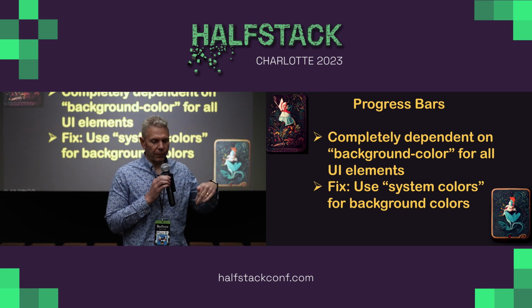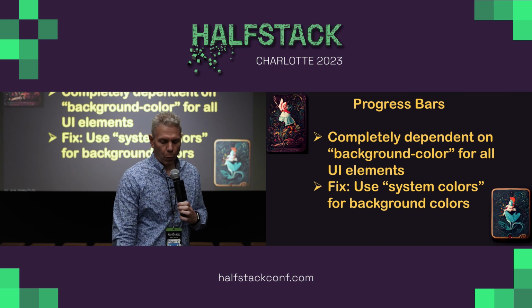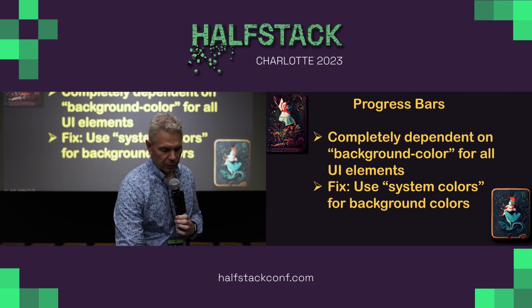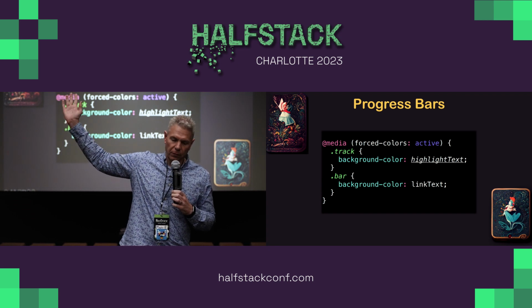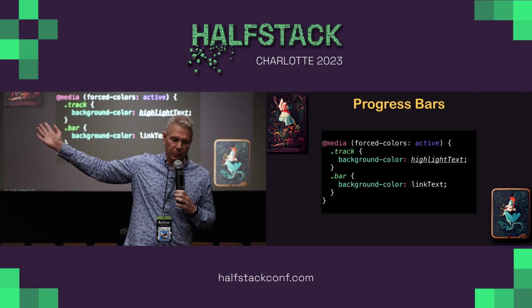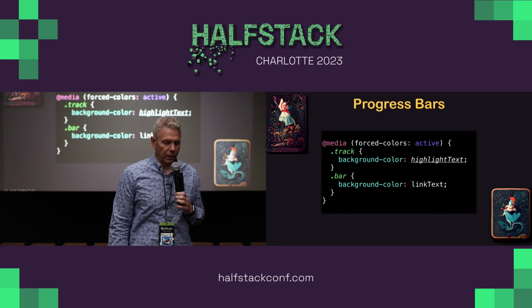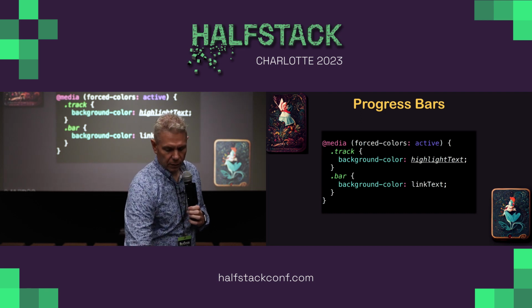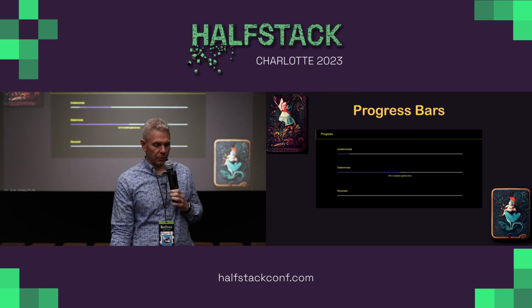So you have to use system colors because your background color is the important bit of information. So to do this, we just looked again for forced colors active, so we know we're in high contrast mode. And then we applied system colors to the track and the bar. And suddenly, you get this, which you can actually see what's going on.